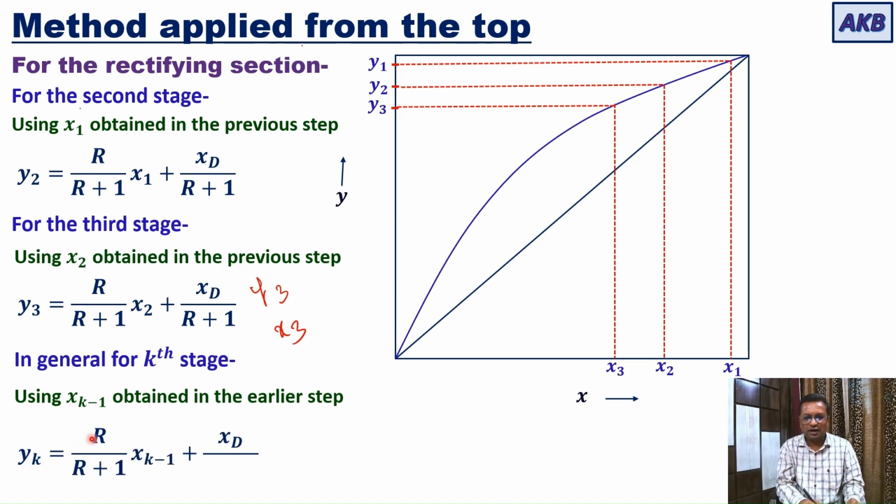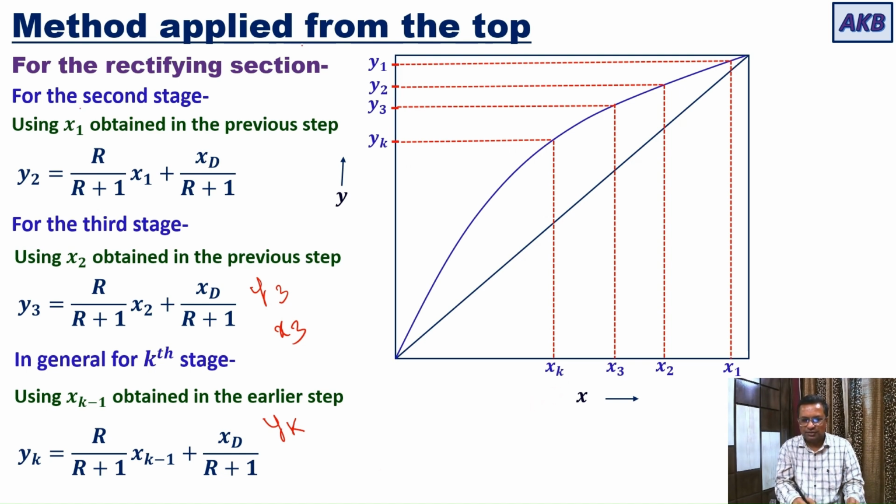So with that, you can write the equation for yk. So yk will be r upon r plus 1 into xk minus 1 plus xd upon r plus 1. So xk minus 1 will be known to you from the previous step. R and xd, of course, they are known to you. That means you'll be able to get the value of yk, and then using the distribution diagram, you locate yk, go to the equilibrium curve and get the corresponding value of xk.